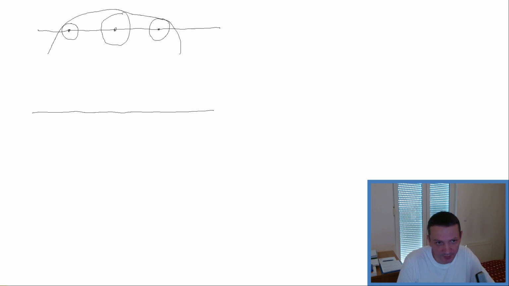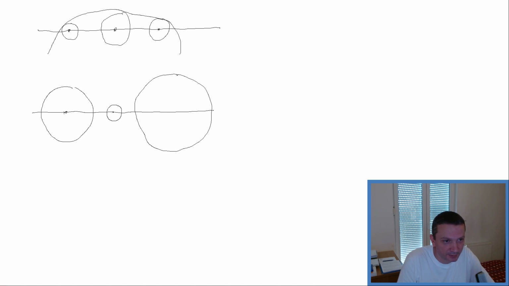So the worst case is the case when the smallest circle is here in the center, something like this, and two bigger circles, one on the left and another on the right, with centers here and here.